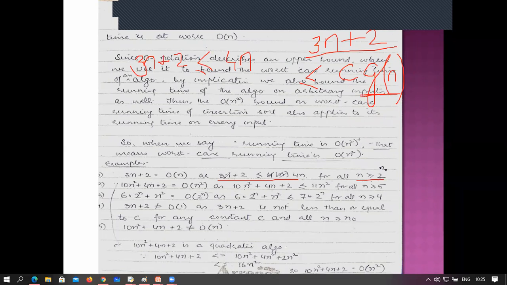If n is 1, this equation will become 5. 5 is lesser than equal to 4. Is it right? No, 5 is not less than equal to 4. But if you will put the value of n as 2, it would be 8 and it is also 8. 8 is lesser than equal to 8? Yes. Put the value of n as 3 now. It is 11 and it is 12. 11 is lesser than equal to 12? Yes.